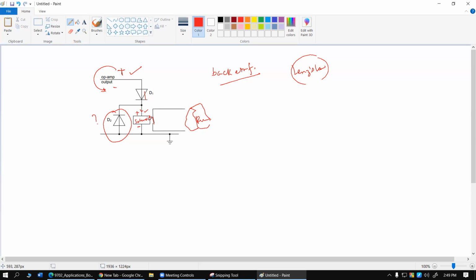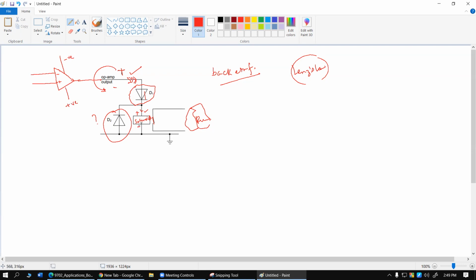Now, an interesting thing you need to understand, have a look at this diode. This diode is in forward bias, right? This diode is forward bias. Whenever the solenoid produces some voltage of its own, it has a tendency to produce a really high amount of current through the op-amp output. This will lead to a pretty significant problem, because if I draw the op-amp over here, let's say here is the op-amp, and these are the two inputs, inverting input and non-inverting input, and here we have the two supplies, negative supply and positive supply.